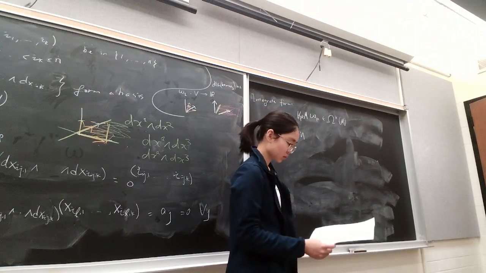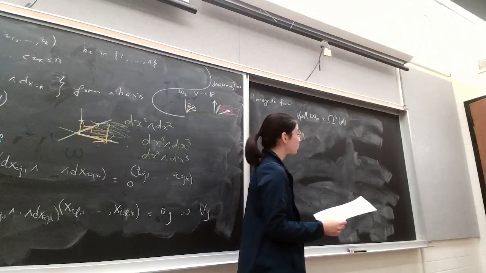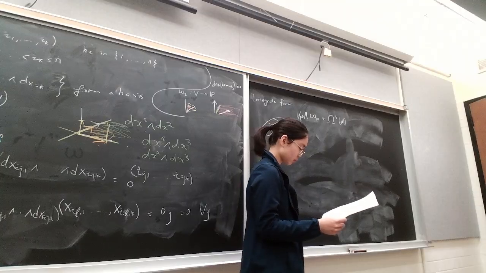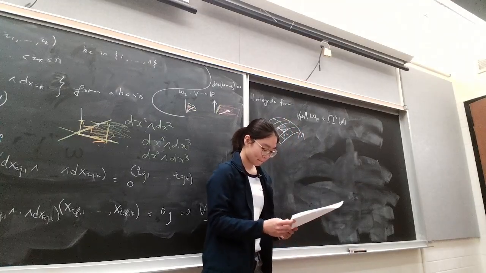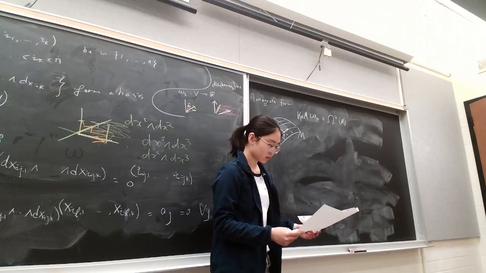But if I cut it up into small enough grids, I can assume that the form is constant on each little square, and then evaluate the size of the square by plugging the vectors into the form, and then adding them.